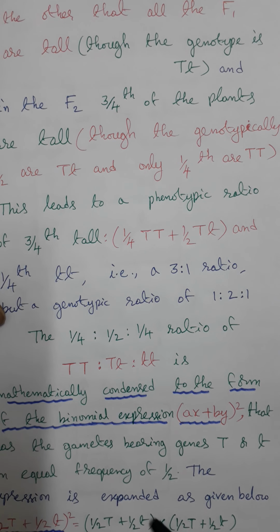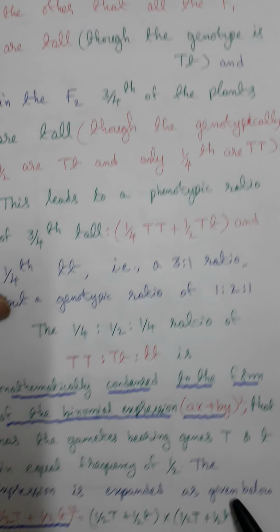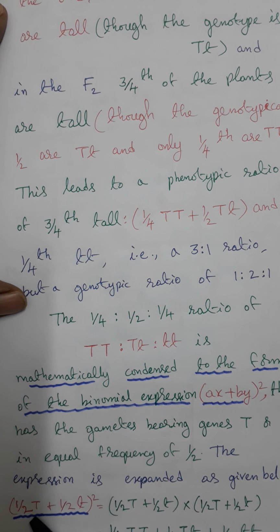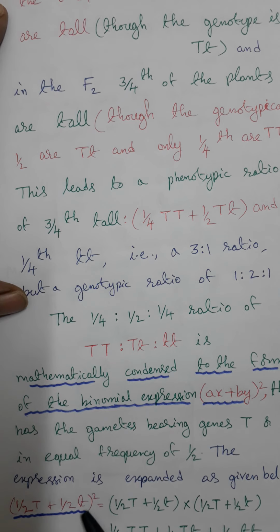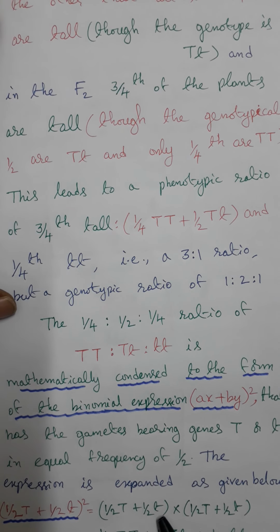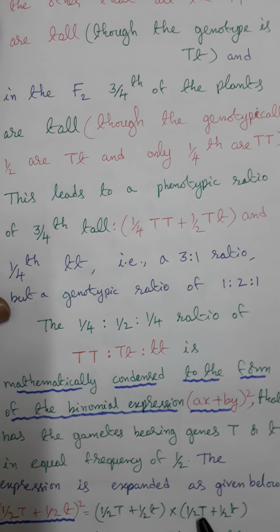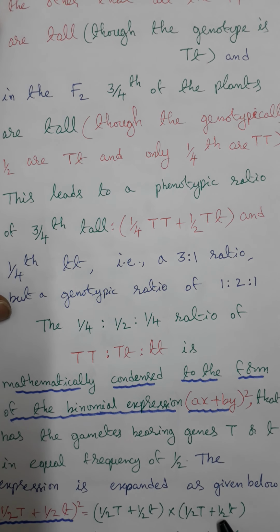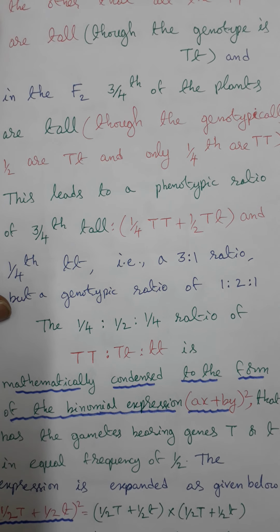The expression is expanded as given below: (1/2 capital T plus 1/2 small t) whole squared is equal to (1/2 capital T plus 1/2 small t) into (1/2 capital T plus 1/2 small t), which is equal to 1/4 capital T capital T plus 1/2 capital T small t plus 1/4 small t small t.